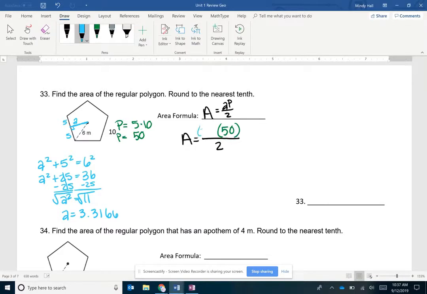Now, I will tell you, on my calculator, I am still multiplying by the full number, okay? Which I don't have enough space to write all 4 digits. But all I'm doing on my graphing calculator is, once I put in square root of 11, it gave me the decimal. Then without hitting anything, without adding any numbers, I just hit times, and it should say ANS with a little star, times 50 gives me about 165.